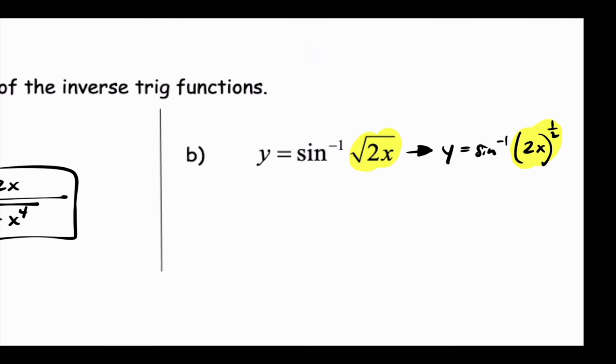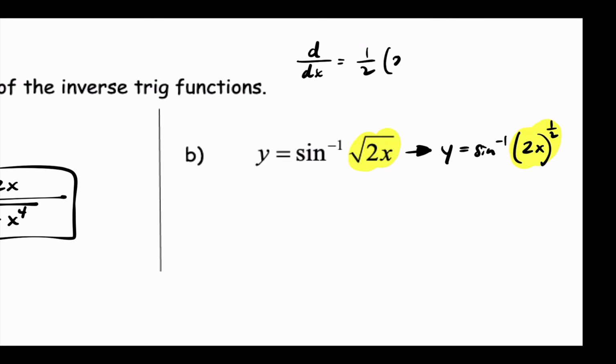Okay. Well, if I have to find the derivative of the stuff, I'm going to use the chain rule. So I use 1/2 times 2x to the negative 1/2 times 2. Or just 1 over square root of 2x. That's really what it breaks down to.